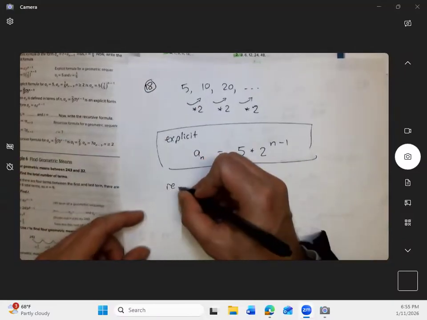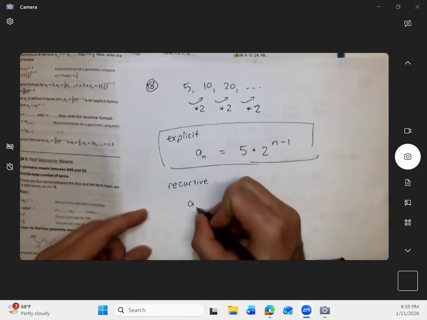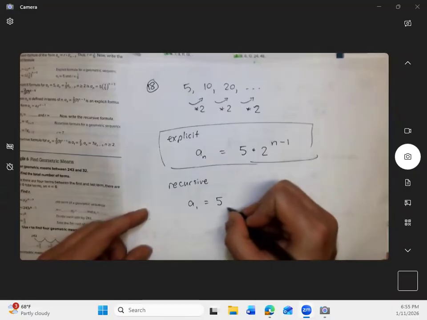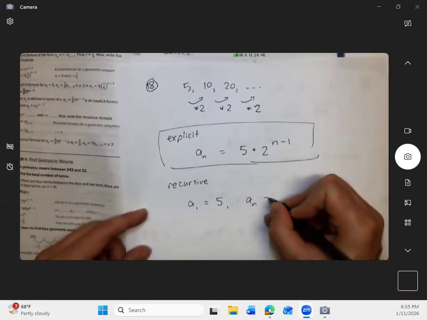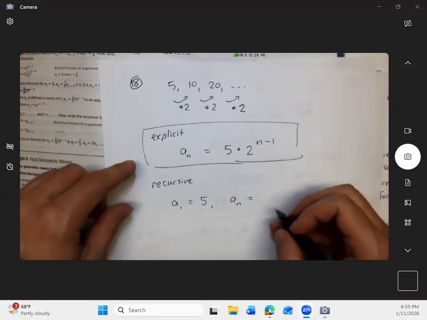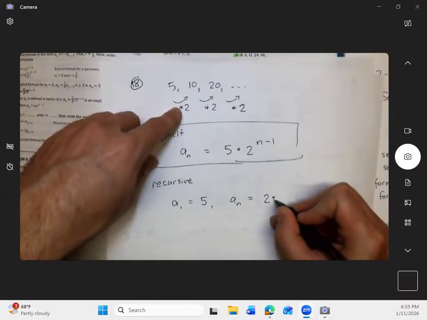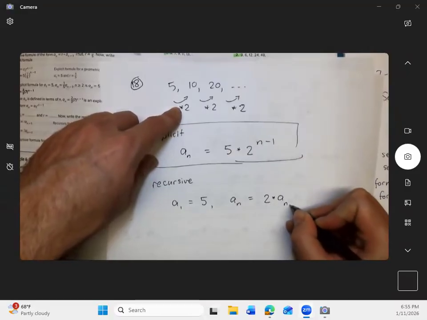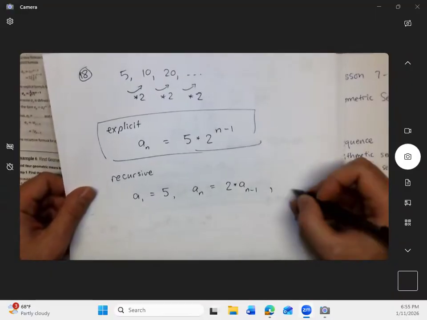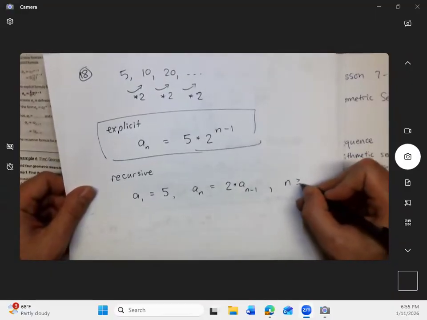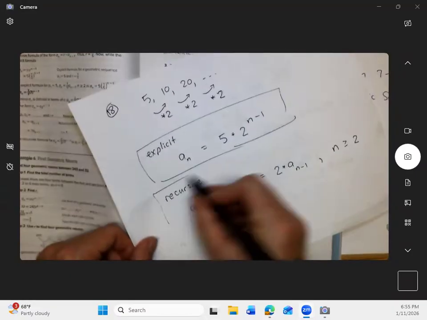Let's do recursive. For recursive, I need to name the first term, which is 5. Then I can tell you the nth term is 2 times the previous term, and the previous term is just a subscript n minus 1. And then one more detail, n is greater than or equal to 2, because this only kicks in starting with the second term.